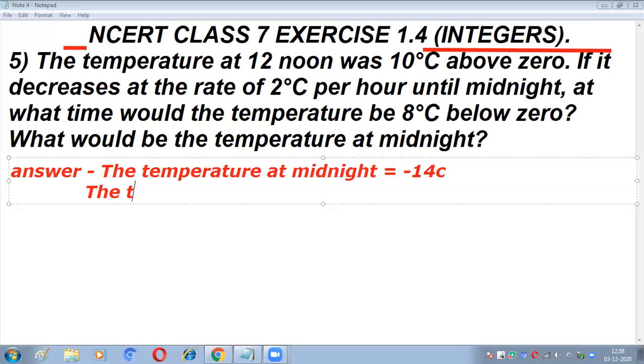The time on minus 8 degrees Celsius is equal to 9 p.m. At 9 p.m. there was the temperature of minus 8 degrees Celsius.